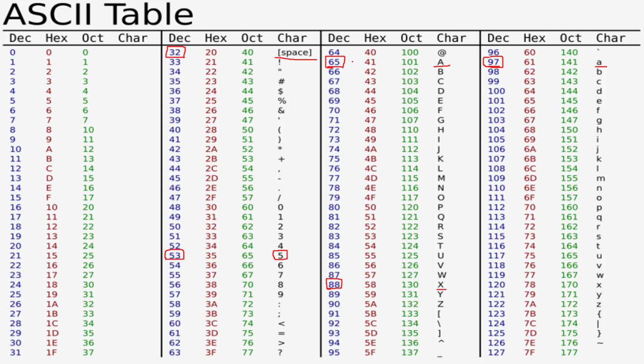Some programs we will think about related to this table or these values. Suppose in future you write a program to convert all the lowercase letters to uppercase. At that time you simply subtract 32.